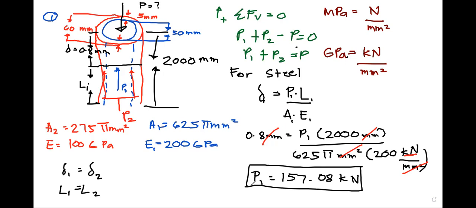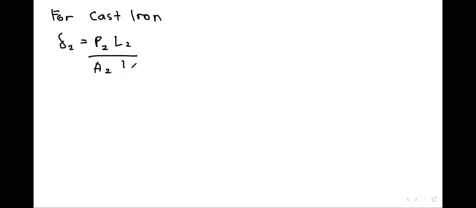So, next solve natin is yung P2 naman. Ganyan lang din gagawin natin, guys. So, cast iron. Okay? So, deformation 2 is equals to P2 L2 all over area 2 E2.